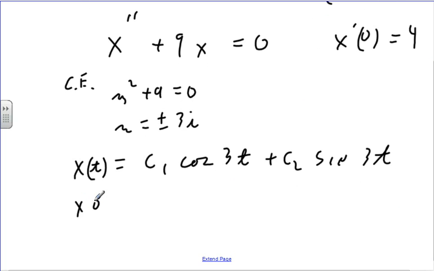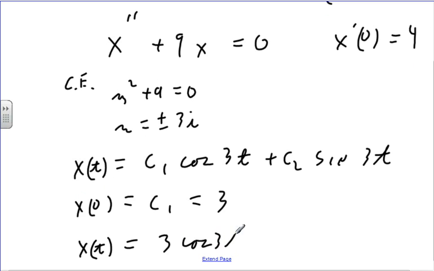And so x of 0 is c1, which is 3. So I have x of t is equal to 3 cosine 3t plus c2 sine 3t.